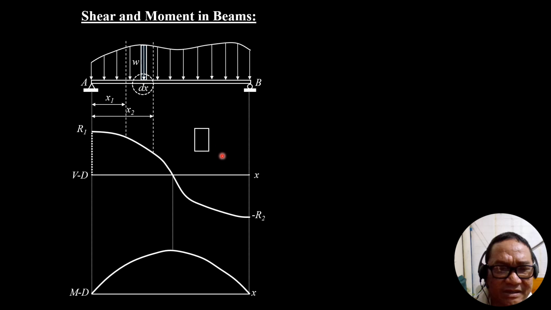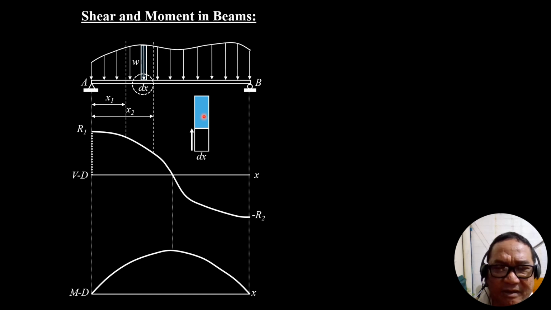So the neutral axis, then we have here the loading, which is shaded blue, and I will shade that blue also later, and the height, which is the intensity of the loading, is W, the thickness is dx, remember. And then we have shear here, positive shear, remember, at the left is up, positive shear at the right is down.